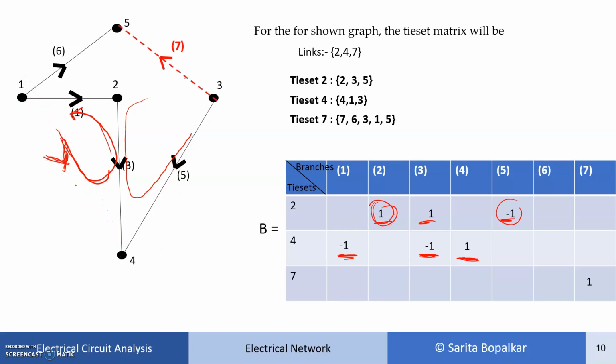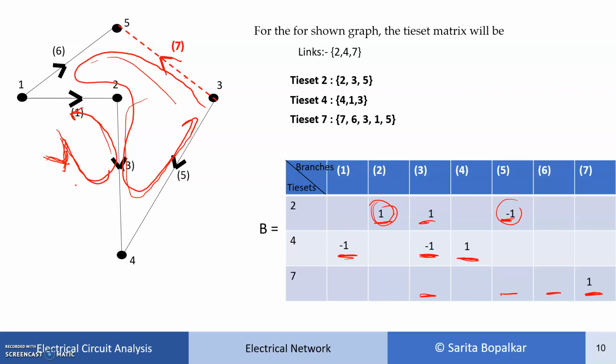Now replace the third link, link 7. Branches 7, 6, 3 and 1 are part of this loop. And what is the orientation? The orientation should be according to the link we have replaced, that is this one. So this is the orientation of our loop, of our tie set. Which branch currents coincide with this direction?